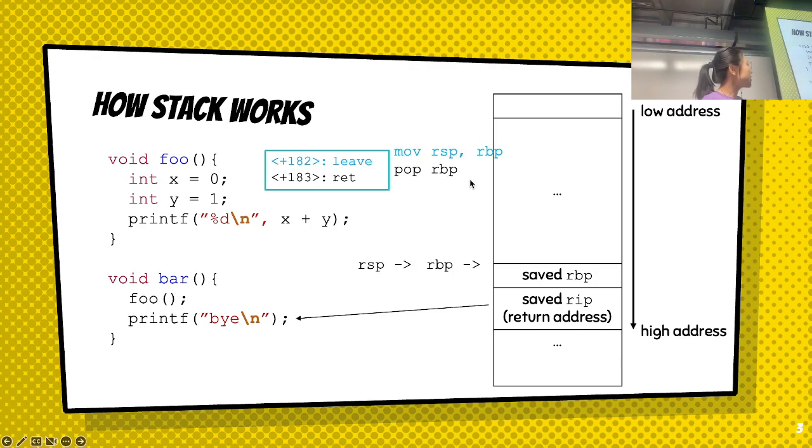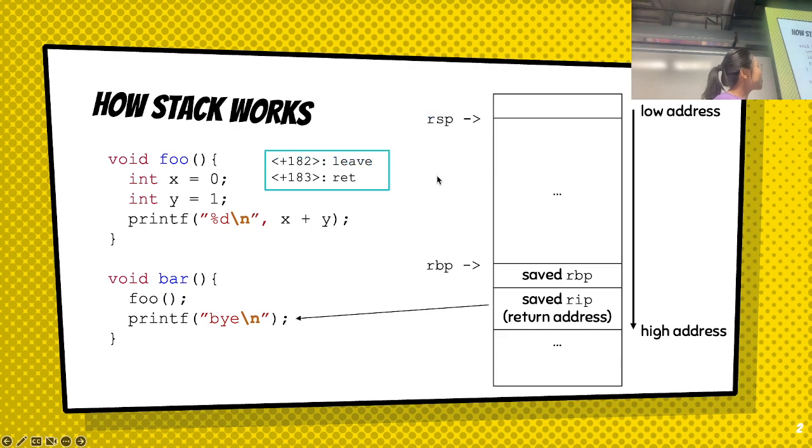The first one is leave. Leave is identical to two instructions. One is mov RSP, RBP, which means you move the value from RBP to RSP. And the second is pop RBP.